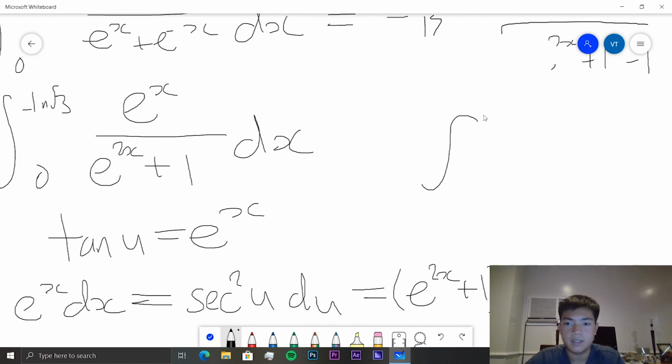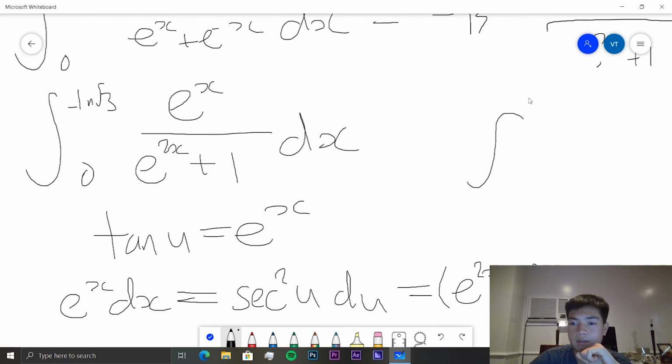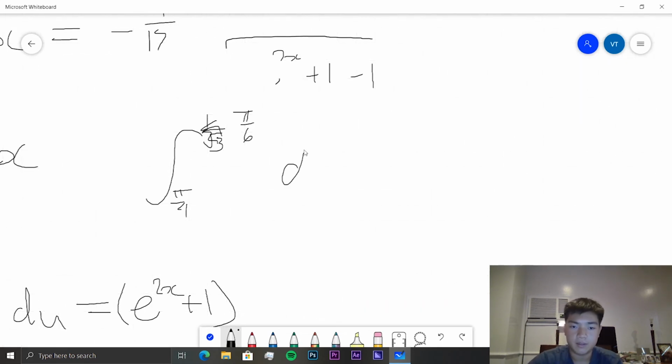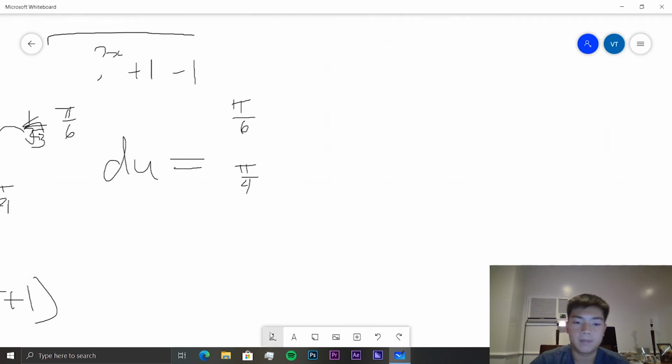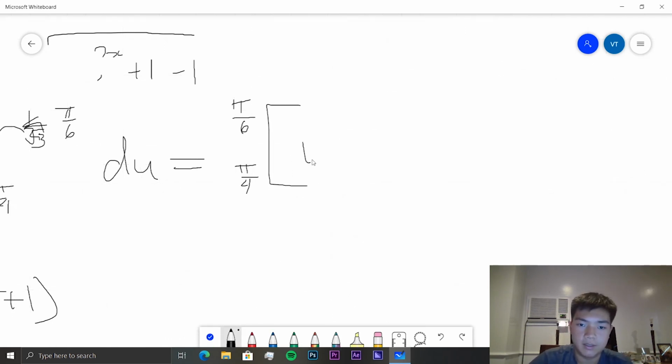So this is actually going to be the integral from pi over 6 to pi over 4 of just du, since there's nothing left, which is just u.